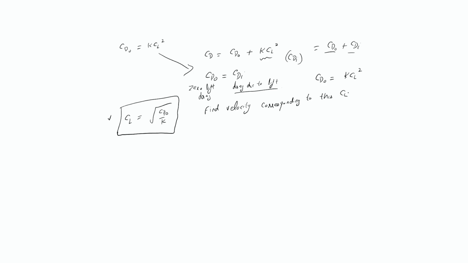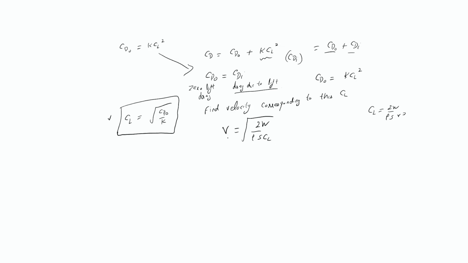Velocity is given as square root of 2W by rho S CL. See, everything is coming from this equation only. So please do not forget this equation, L equals 2W by rho S V square.